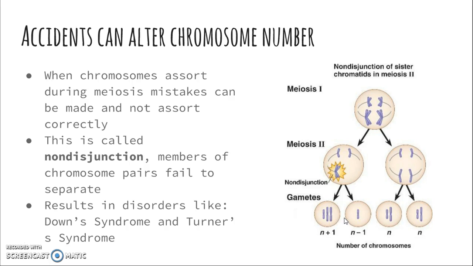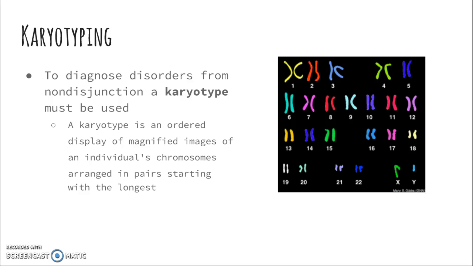So one of our gametes might get an extra chromosome where one gets one less chromosome, which results in these conditions like Down syndrome and Turner syndrome. Extra chromosomes generally do not result in death. Extra chromosomes just result in difficulty, like Down syndrome.